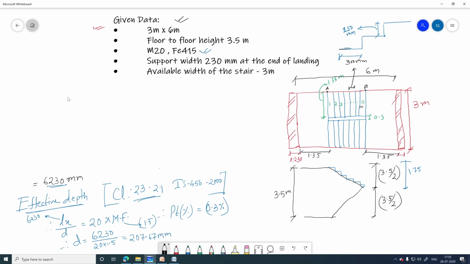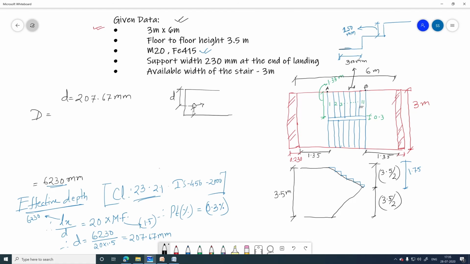So the value of d that we got is 207.67 mm. So what will be the value of the overall depth, that is capital D? You already know that if we have the main reinforcement over here, and this is the small d, the overall depth will be, we need to add the half dia of this reinforcement and the clear cover.